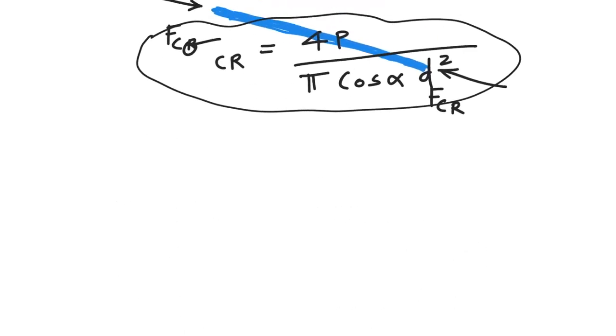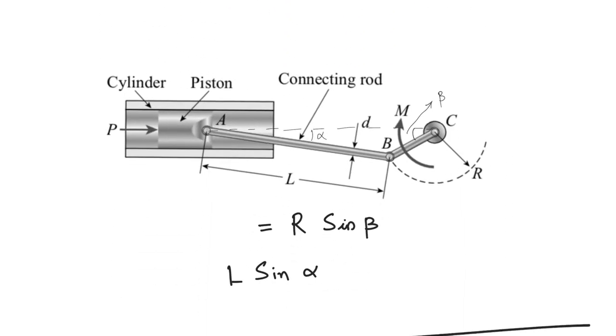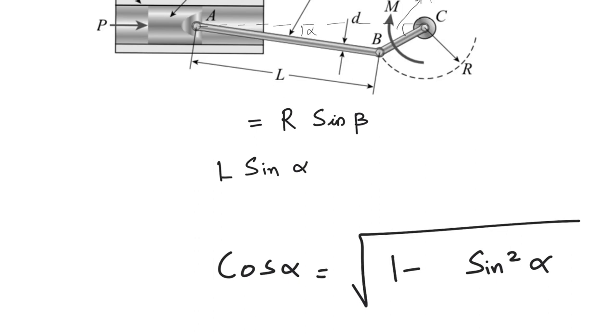I am interested in the maximum value of the compressive stress, which in turn means I'm looking for the minimum value of cos alpha, because when cos alpha assumes a minimum value, that is the particular instant when I will see a maximum compressive stress in my connecting rod. Make sense?